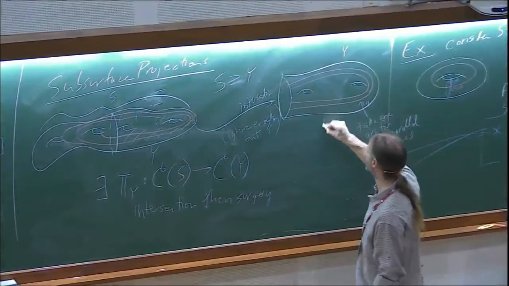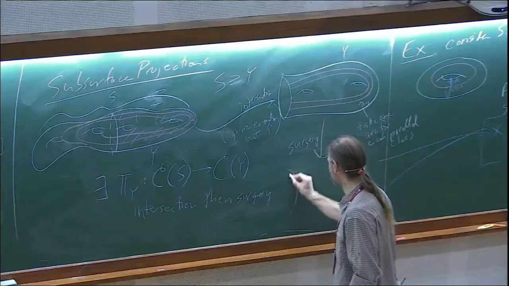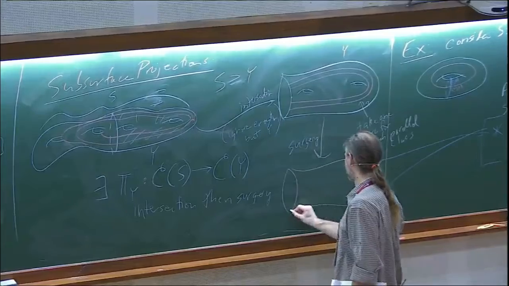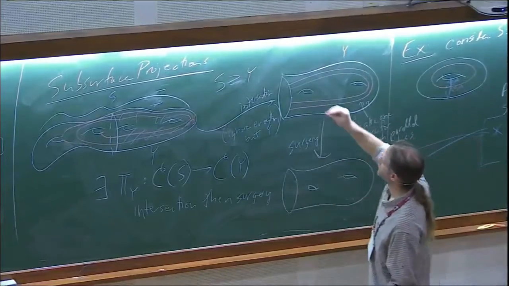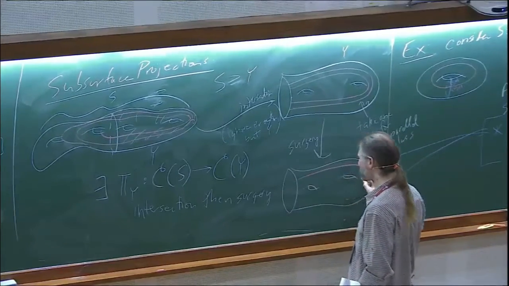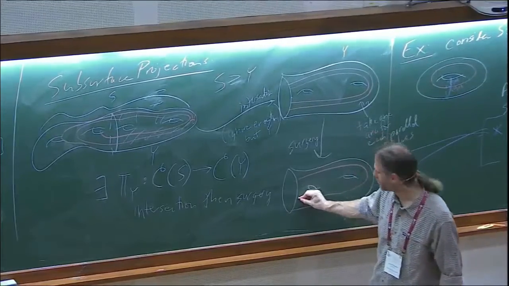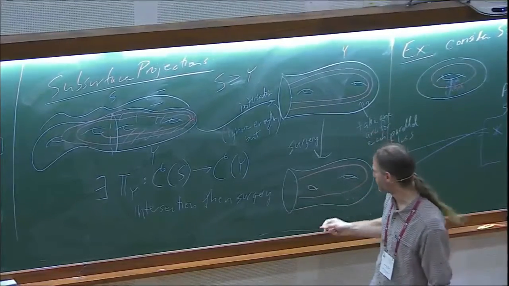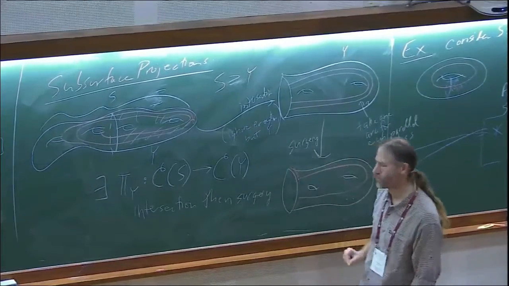I want to get a curve, so now I do surgery. So what's the surgery? I take my arc and I start following it along, starting at the boundary. I take an intersection point, I follow it until I get back to the boundary, and then I want to make it into a closed curve, so I just turn and follow it around.